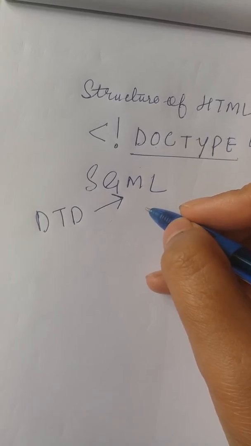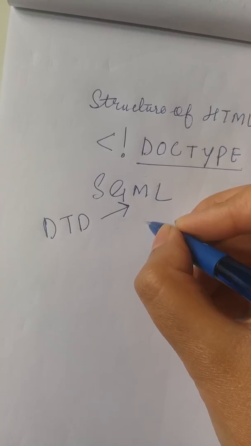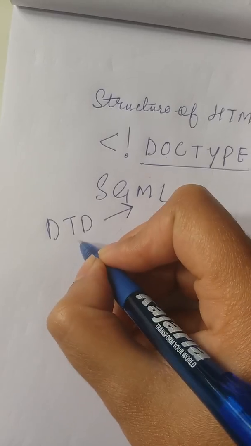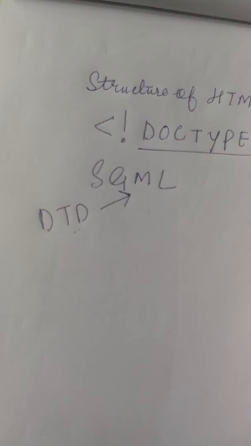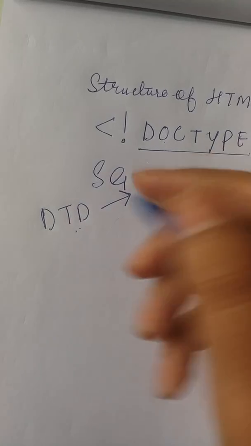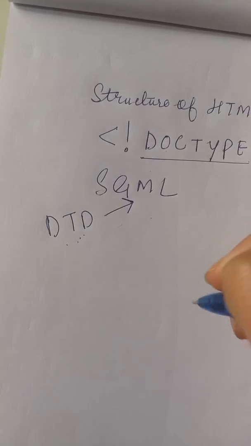Every function has been defined in SGML, kind of in reference to what I'm making you understand. In DTD, what it does is like what we used to write, hash include stdio.h. It would have been the DTD of HTML.